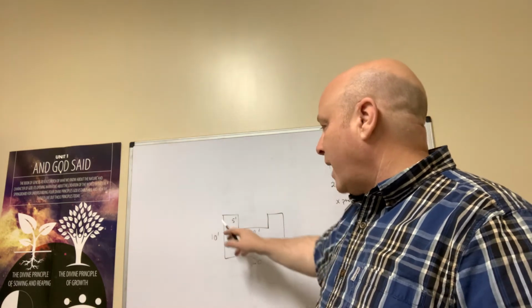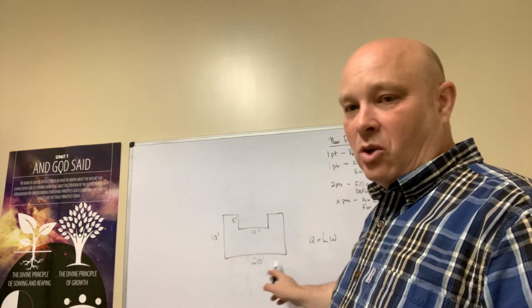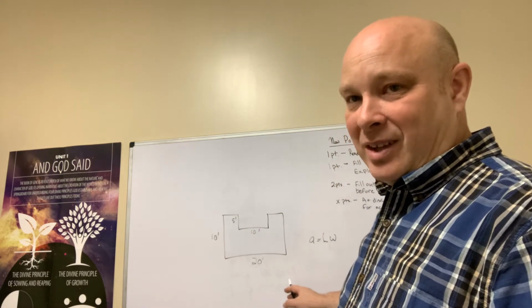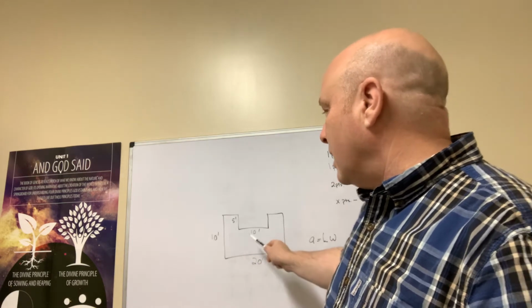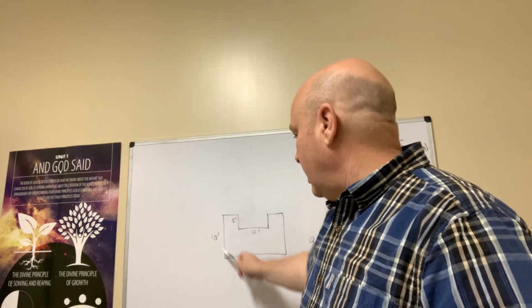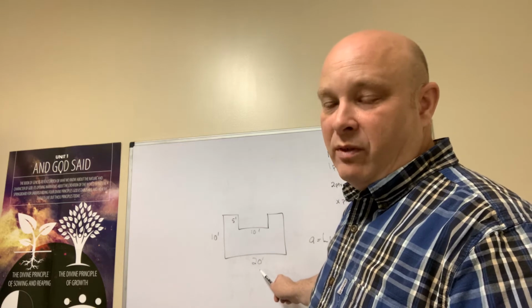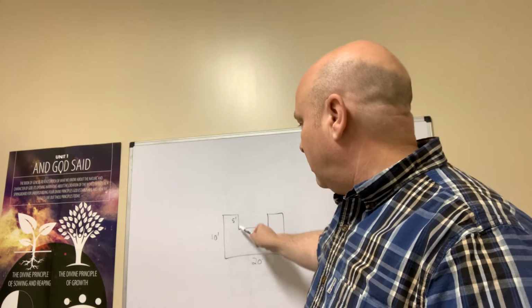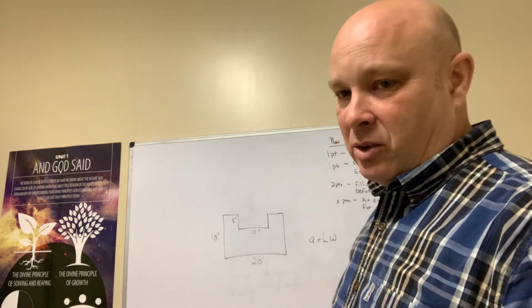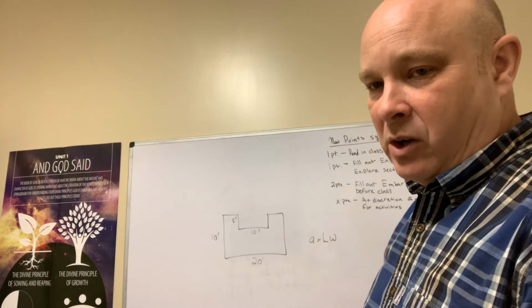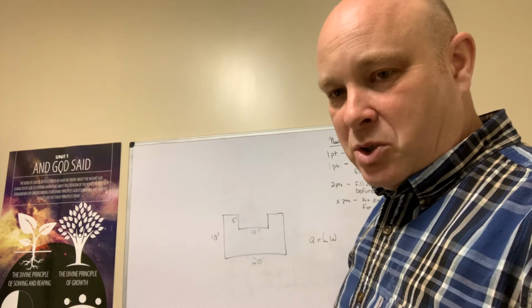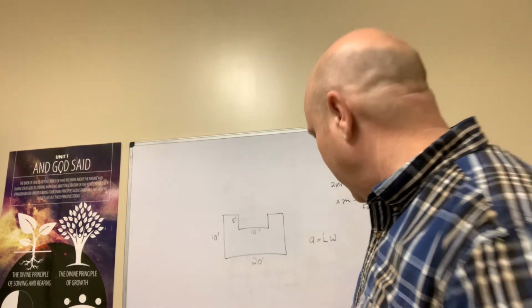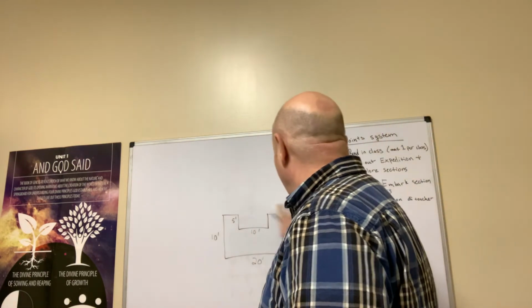And I'm going to subtract that from the total, and you can see that this whole thing, if area is length times width, the total area is 10 times 20, which would be 200 feet squared, minus this area that's not included. So you might have to use your imagination to figure out how big that space is that's not included. And I know that if you put your problem solving skills to work, you can figure that out.